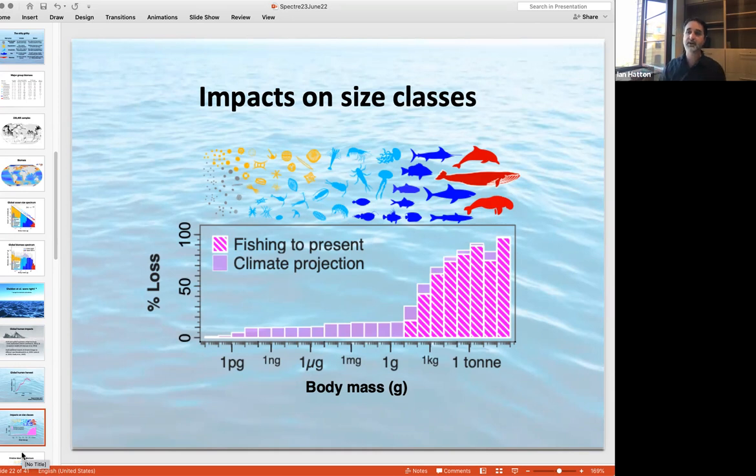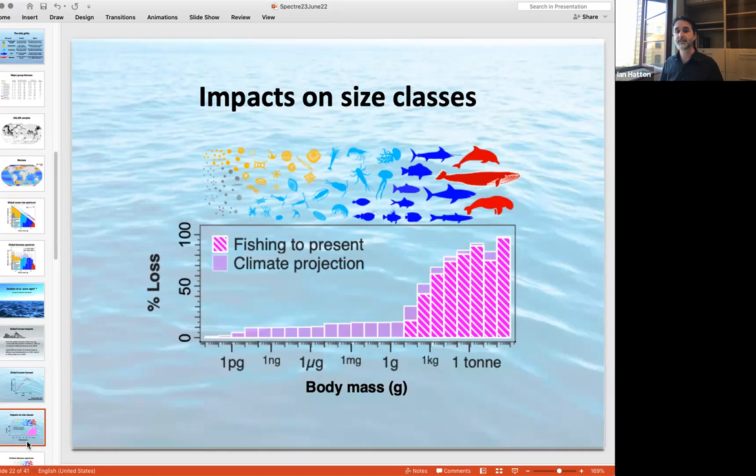Compare fishing to climate projections. And again, this is under an extreme scenario. And you see that fishing has already had a far greater impact than even the most dire projections, as far as we can tell. This isn't us saying this. This is other people saying this. We're just putting it on the same plot to get perspective on it.